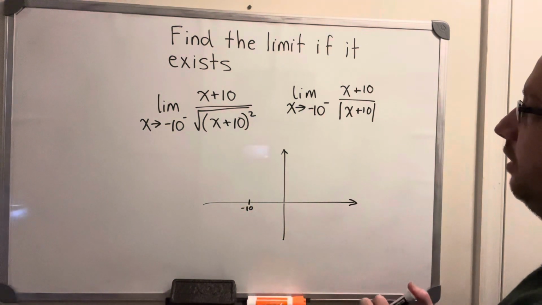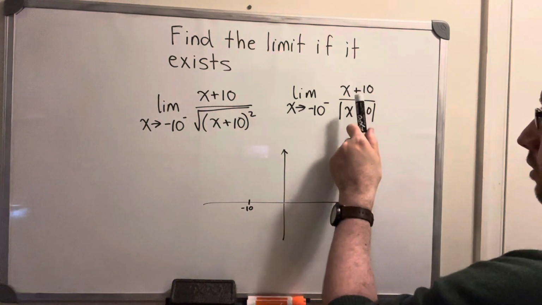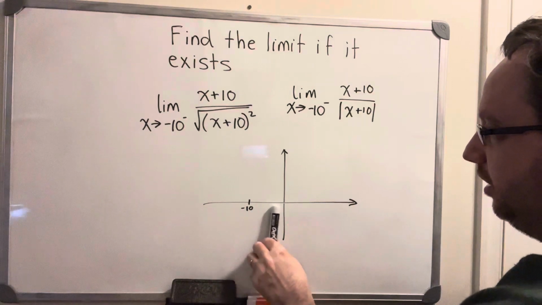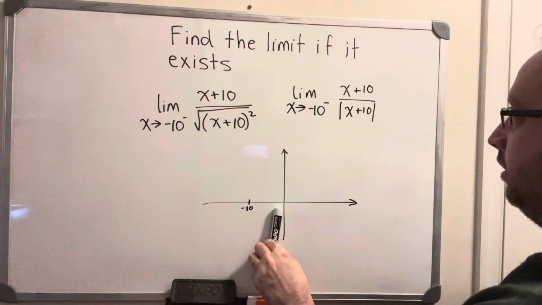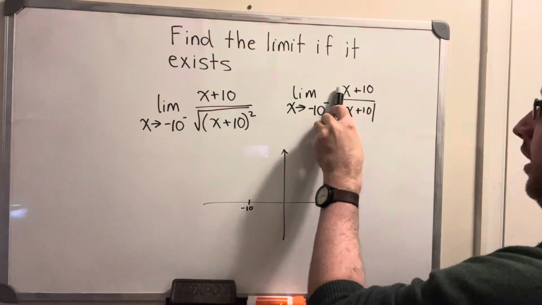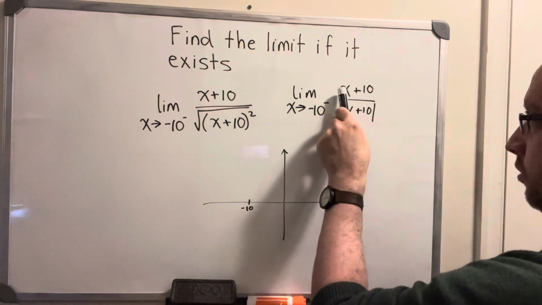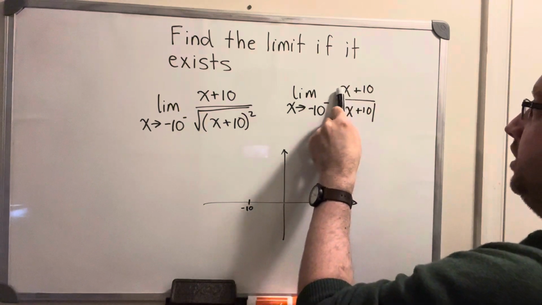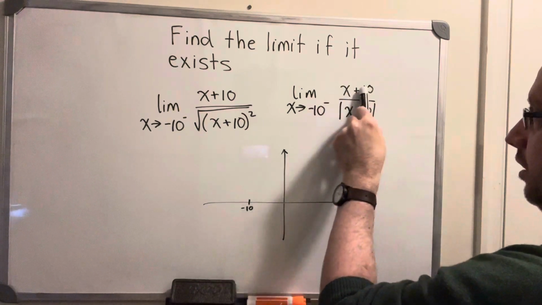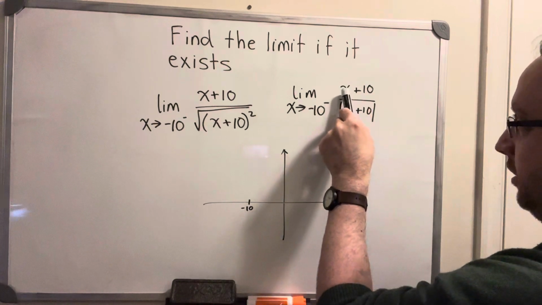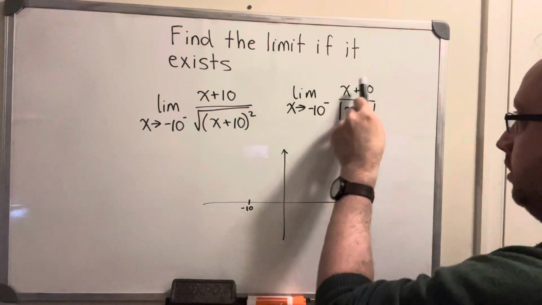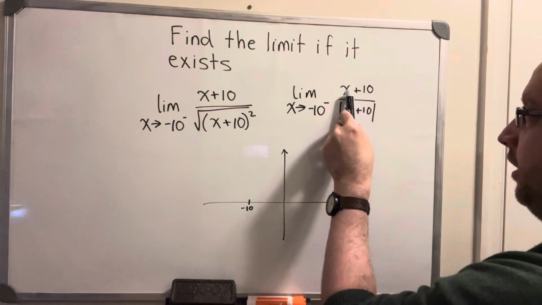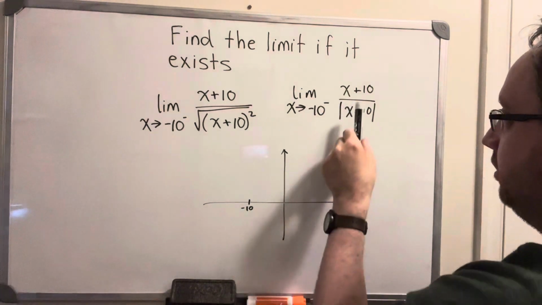So let's say values to the right of negative 10, what is the sign of this? Say at x equals negative 9. At negative 9, this would be a positive value because negative 9 plus 10 is 1. In fact, anything greater than negative 10 is going to be positive.